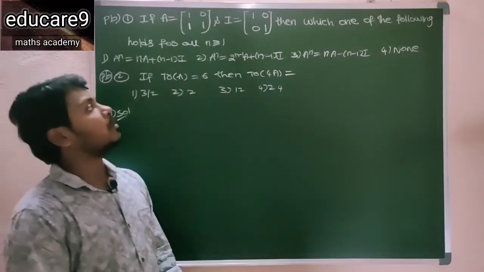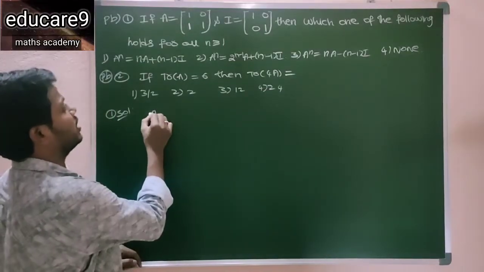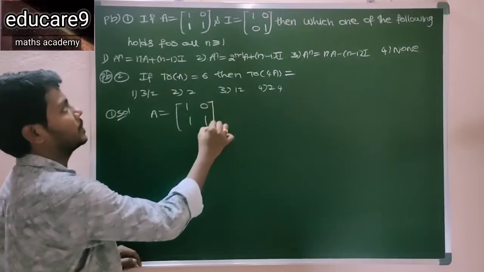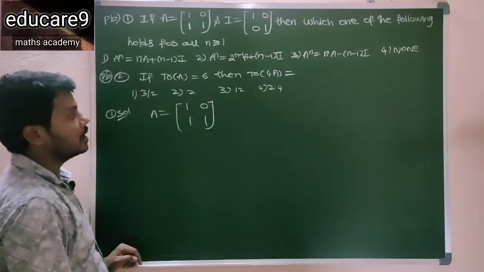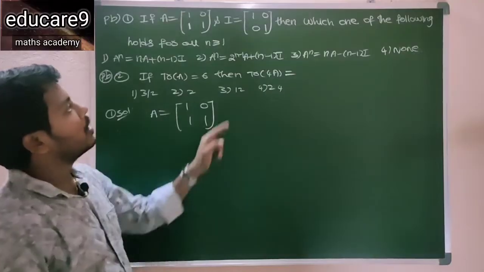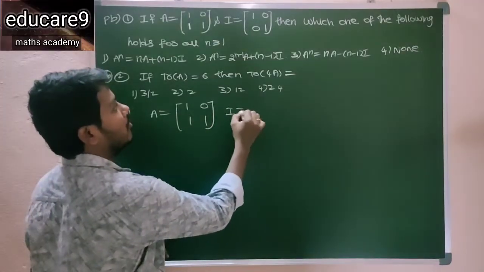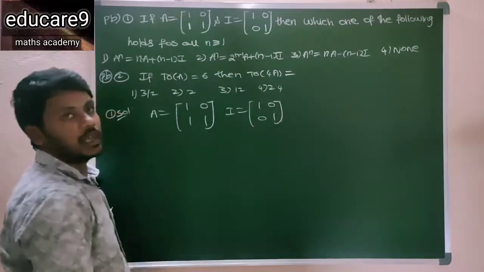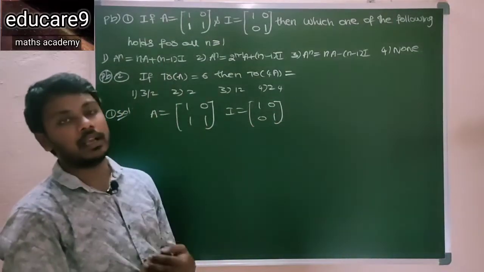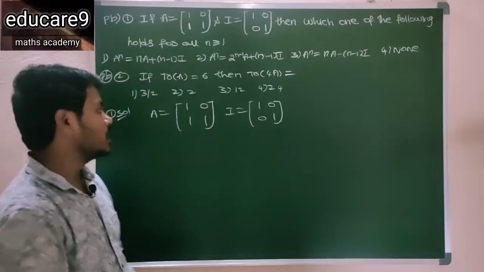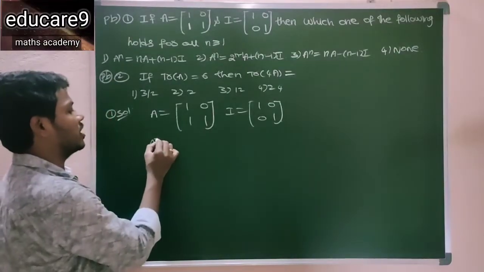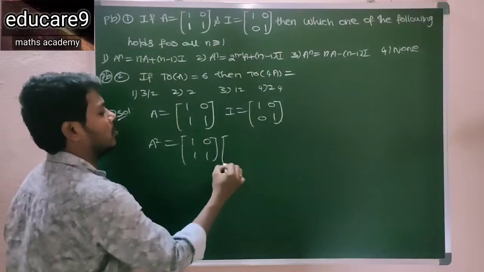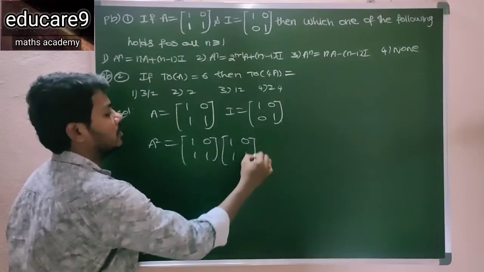See our first problem. Here A is equal to [1 0; 1 1]. Next, I is [1 0; 0 1]. Then which of the following holds for all n greater than or equal to 1? So find first A square, that is [1 0; 1 1] into [1 0; 1 1].